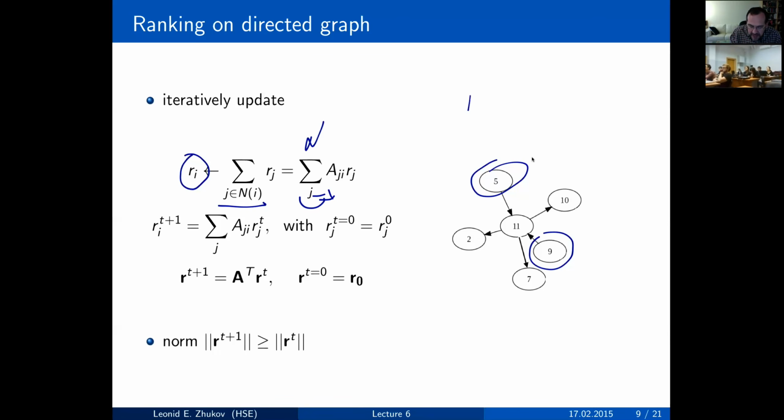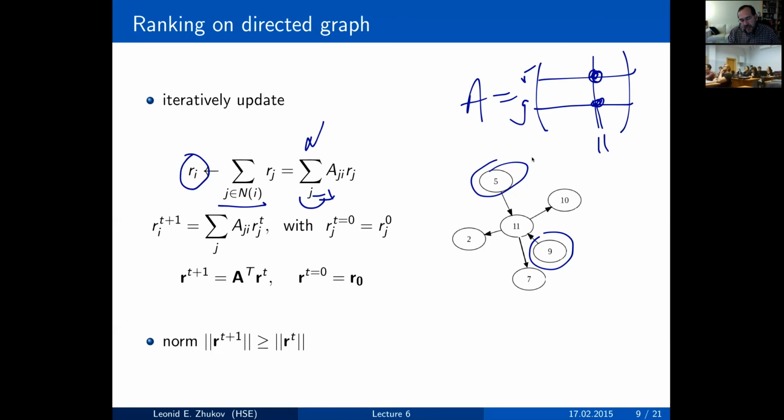And in our case here, we'll have a matrix A, and if there is a row 5 and column 11, the element at 5 and 11 will be non-zero, and at 9 and 11 will be non-zero.